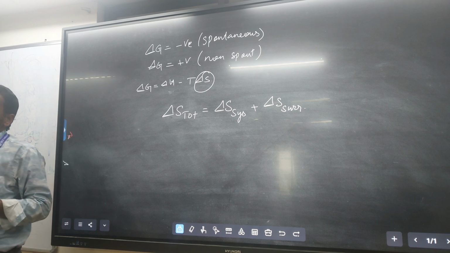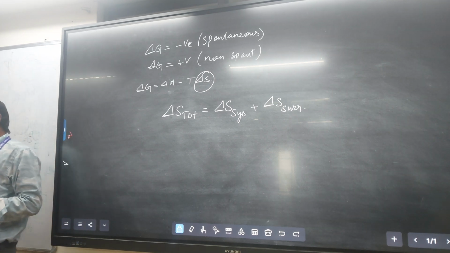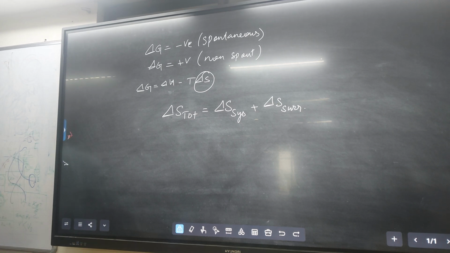A lot of factors decide the entropy of the surrounding. Therefore, we need new terminology, which is why we go for the Helmholtz free energy and Gibbs free energy.